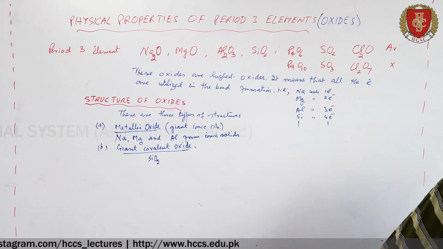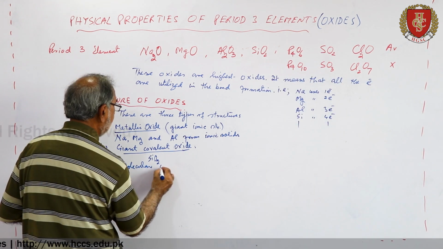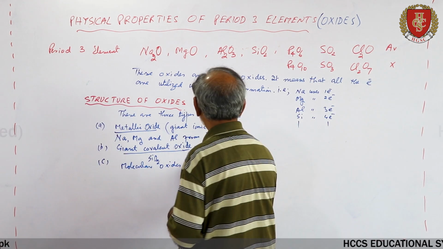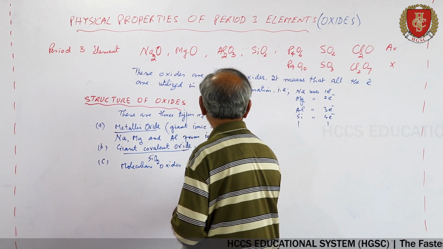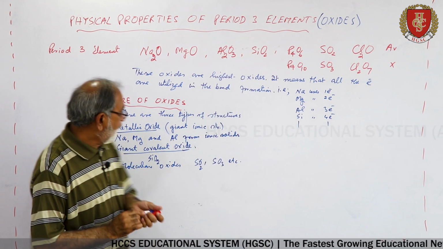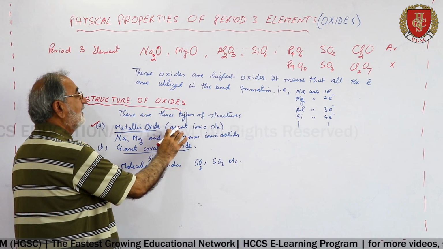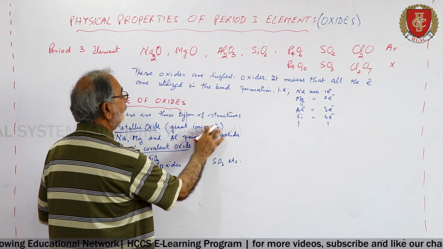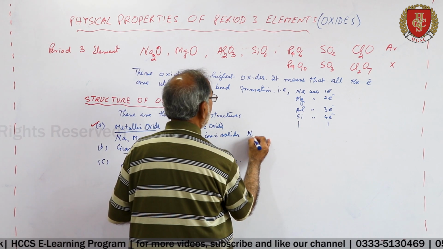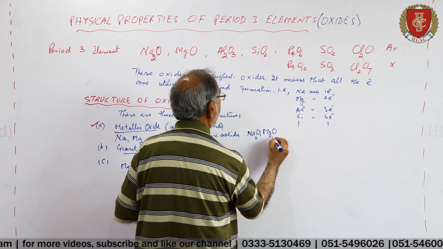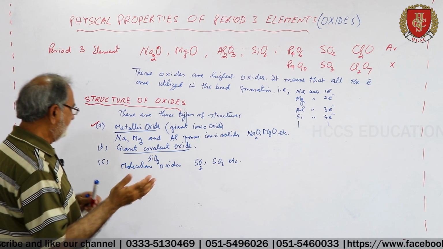And number 3, molecular oxides like SO2, SO3, etc. So in fact the metallic oxides are giant ionic oxides, in the form of sodium oxide, magnesium oxide, etc. These are in fact the metallic ones.